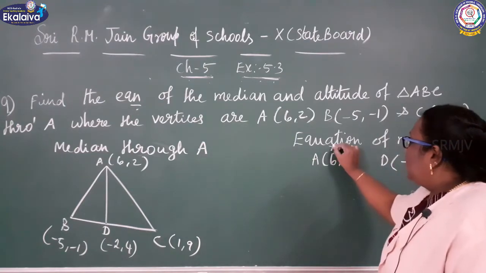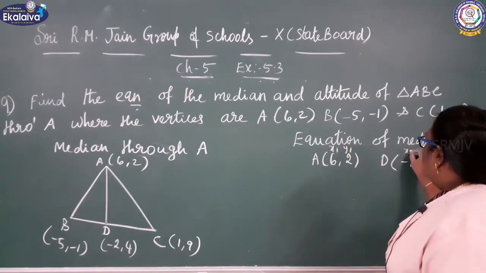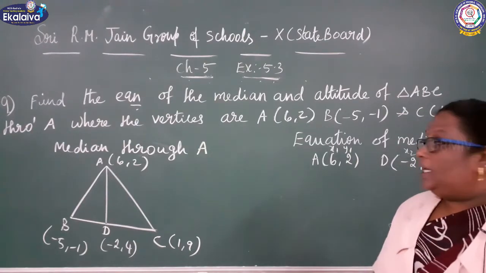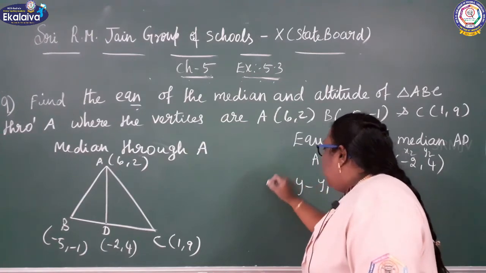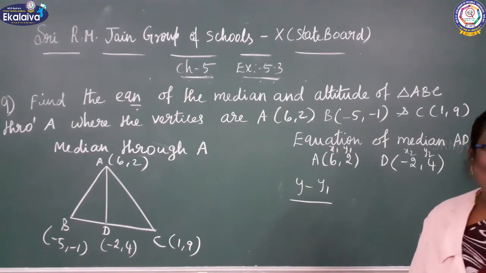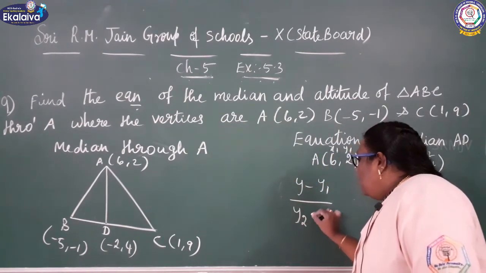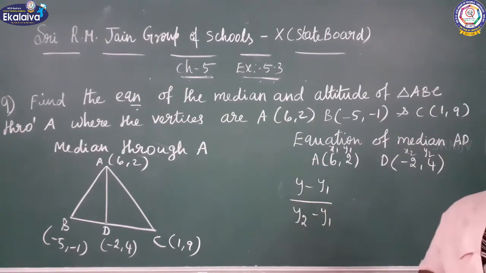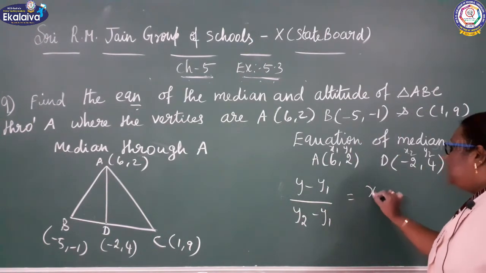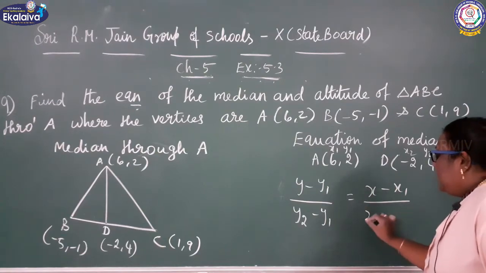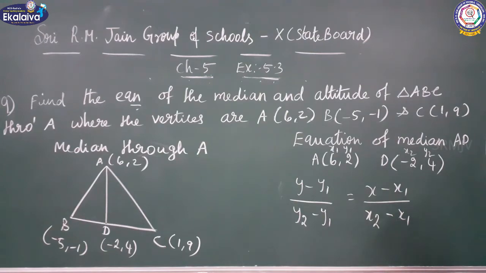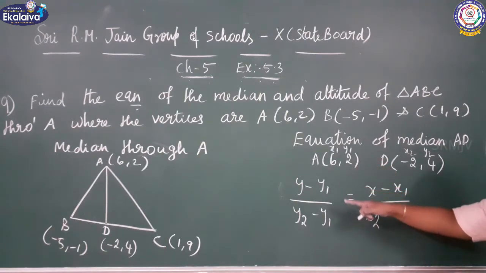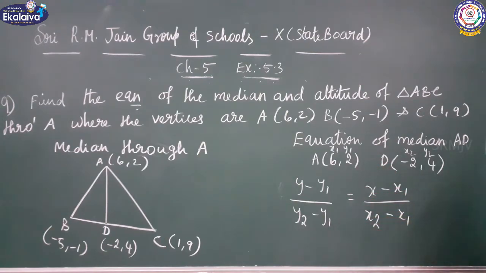You can take it as x1, y1, x2, y2. y minus y1 by y2 minus y1 equal to x minus x1 by x2 minus x1. So you substitute the y1 value and y2 value here.